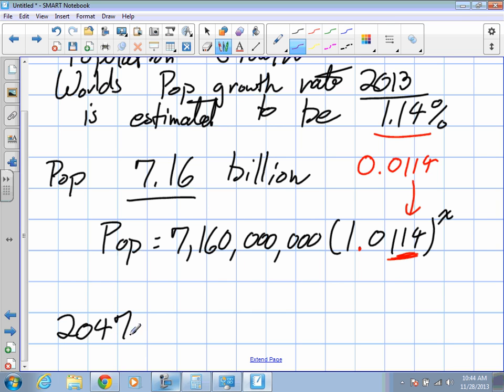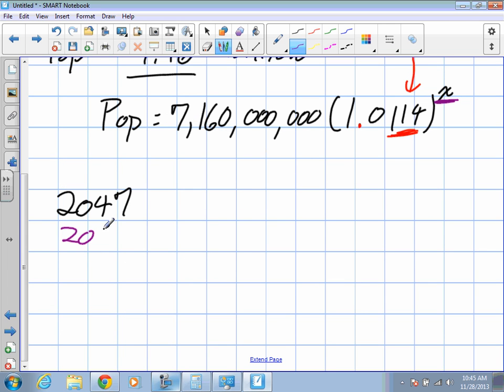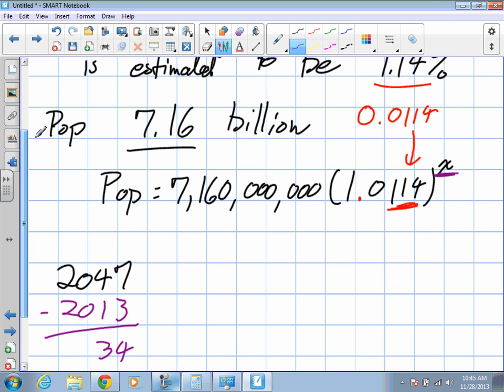Well, we wouldn't put in 2047 because what's the year we're starting from? So year 0 is this year, right now. So we have to figure out the difference between these 2 years. So 2047, subtract 2013, and that's how many years have passed. Okay, so we have 34. So we're looking for 34 years down the road. So we plug in 34 for our x.